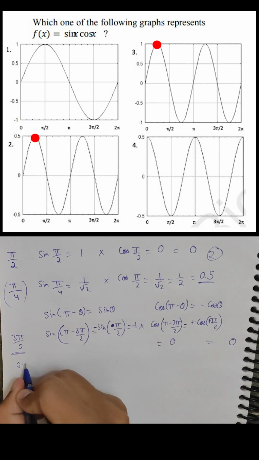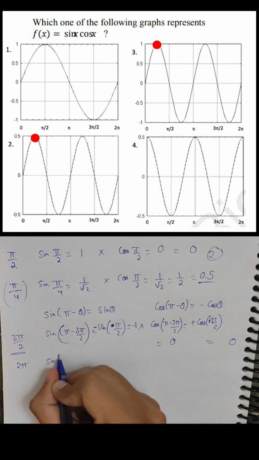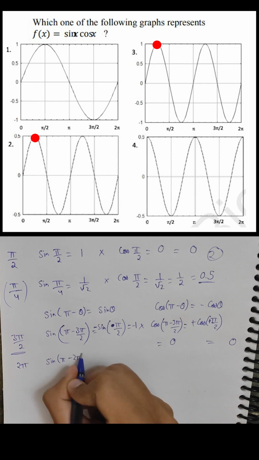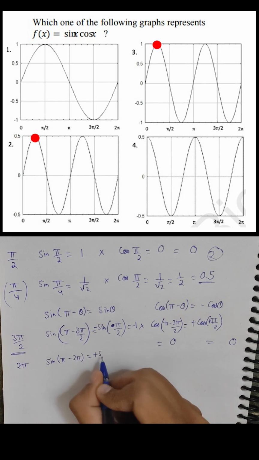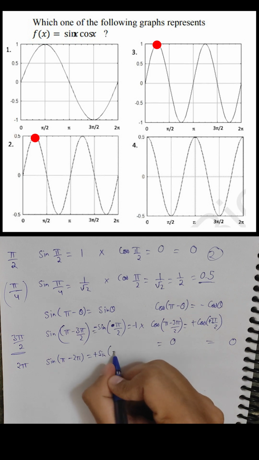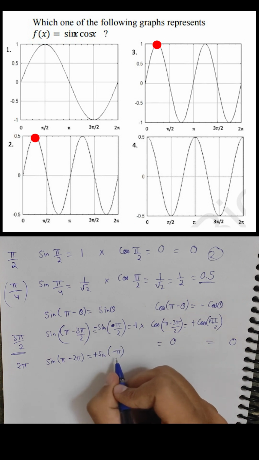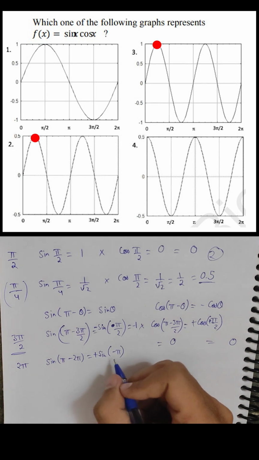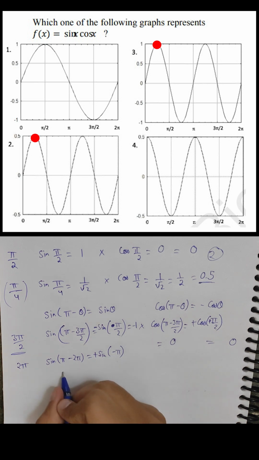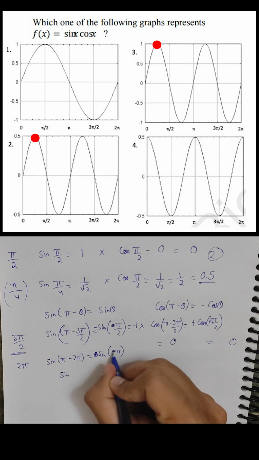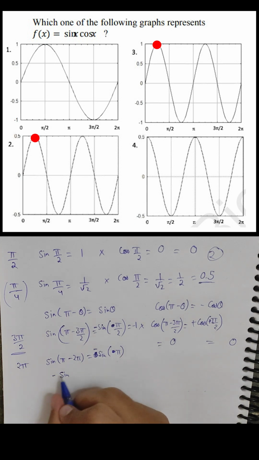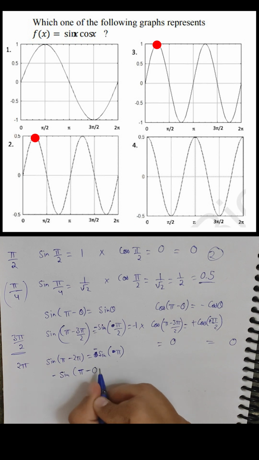For, let's say, 2 pi, sine of pi minus 2 pi is equal to sine of minus pi. If we again solve it, taking the minus outside, we can also write it as minus sine of pi minus 0 degree.